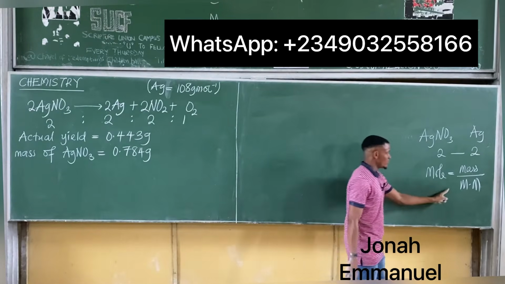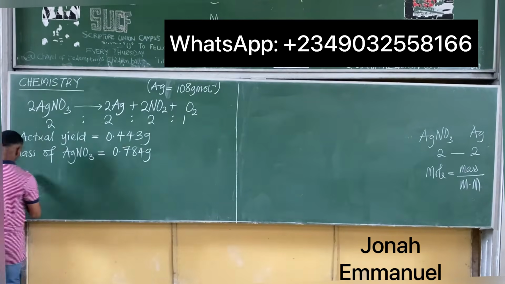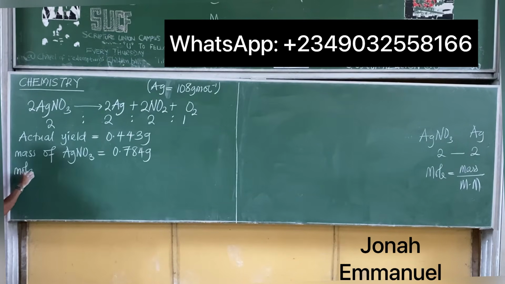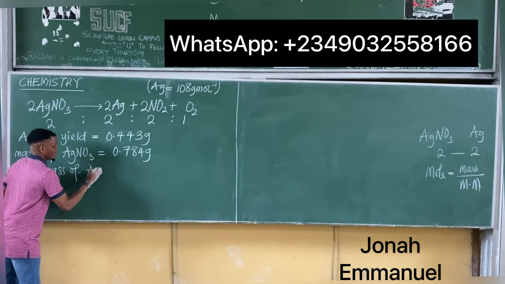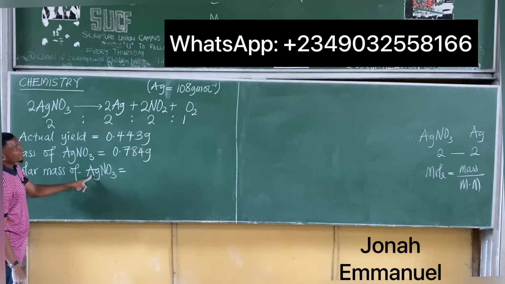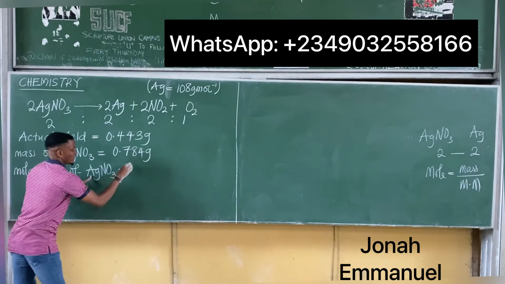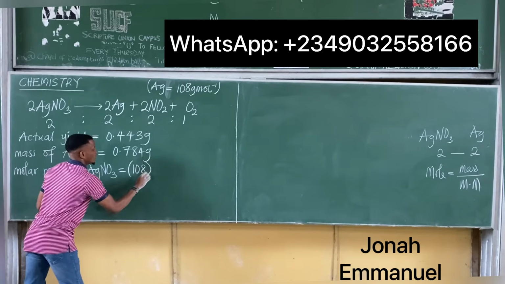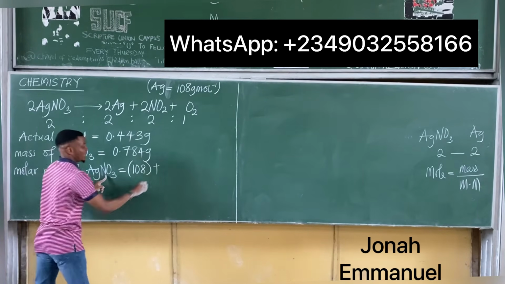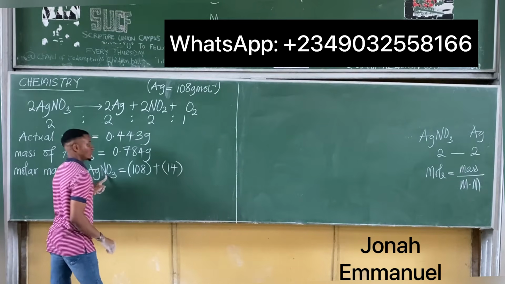So we have to get the molar mass of silver nitrate. Alright. Let's get molar mass. Molar mass of silver nitrate. That's equal to, this one is how many there? 108. So I'm giving 108 plus nitrogen, how many? 14.